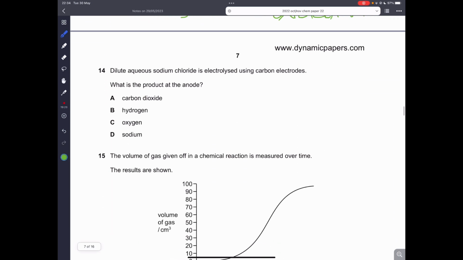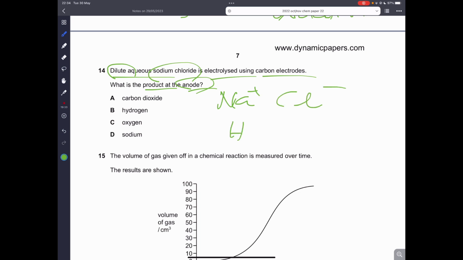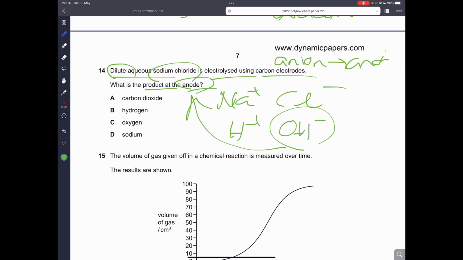Moving on. Dilute aqueous sodium chloride is electrolyzed using carbon electrodes. Which is the product at the anode? In the anode, we have to know it is dilute. So we have Na+, Cl-, H+, OH-. Now we have to know which one is going to be selectively discharged. It says dilute, so the hydroxide ion is going to be discharged at the anode because, as I said, anions go to the anode.